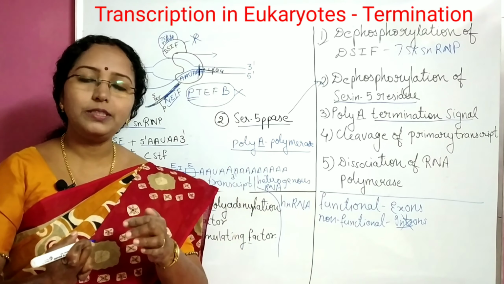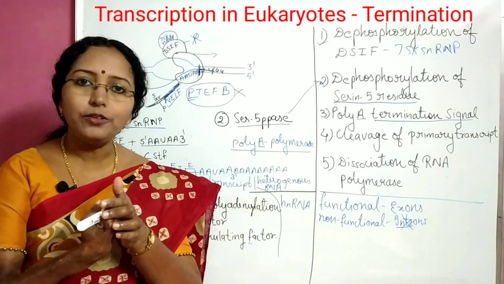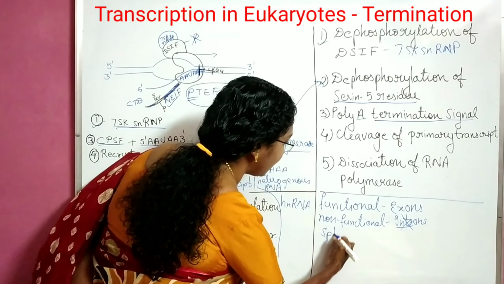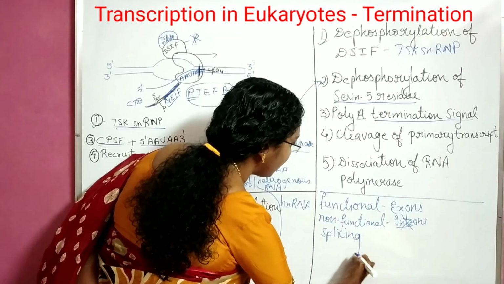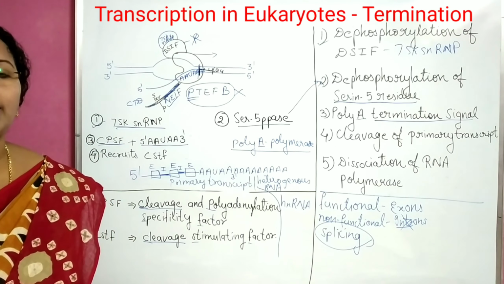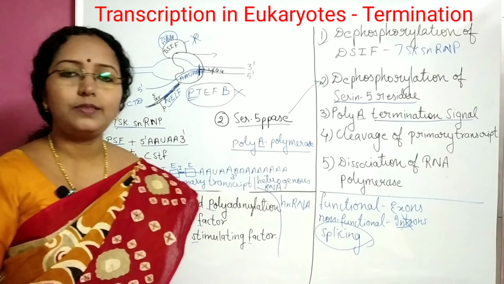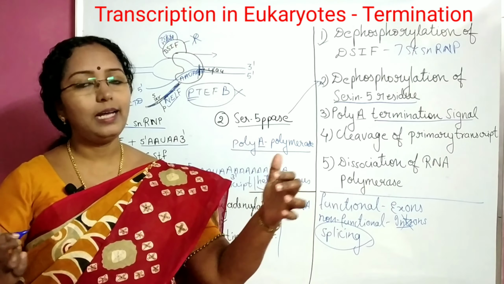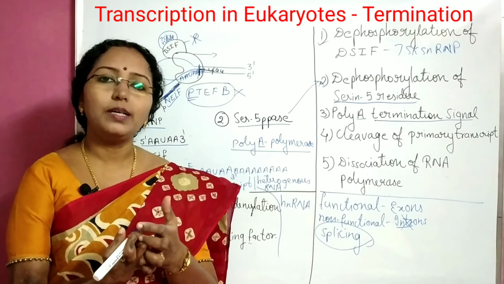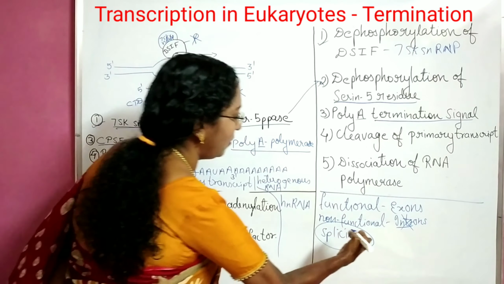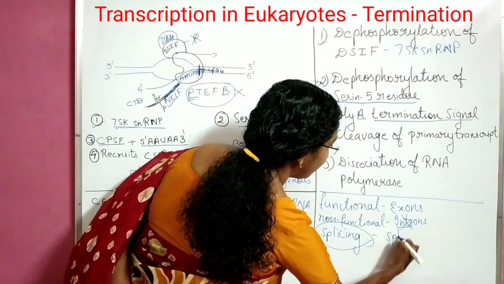Removal of introns and combining of the exons is called splicing. This is a modification that is done in hnRNA or the primary transcript, and it is done by the spliceosome.